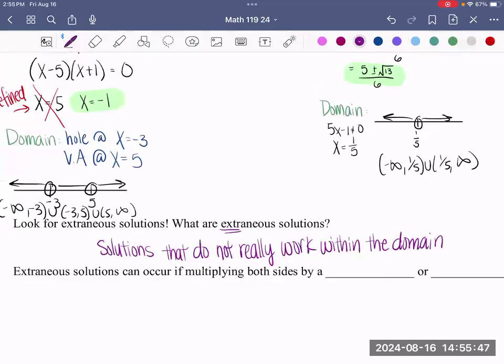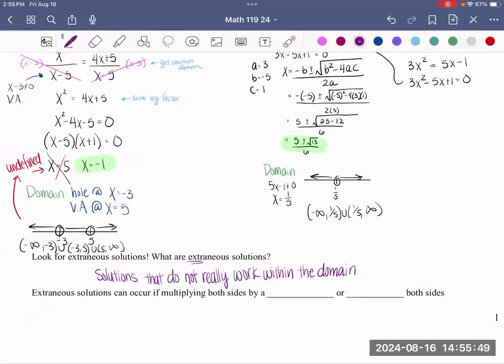Just like that +5 did, it looked like these were really promising answers or solutions or x-intercepts. And then if we were to go back and check our answers with it, it's going to cause us an issue, usually with an undefined response.